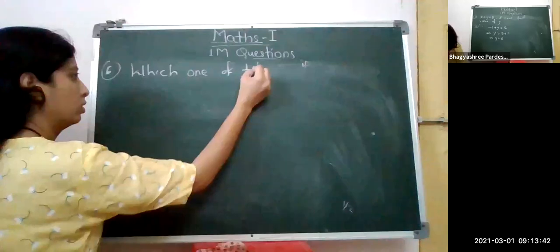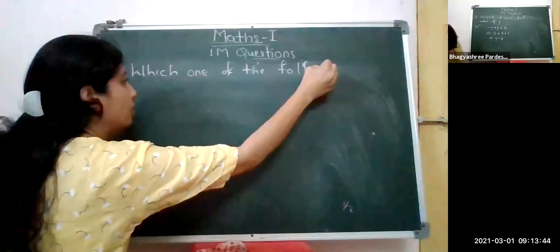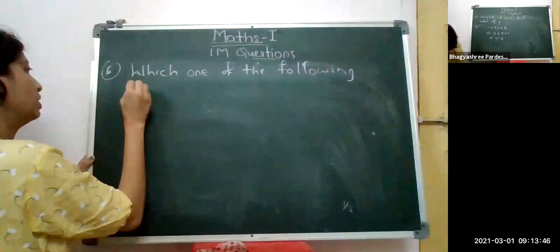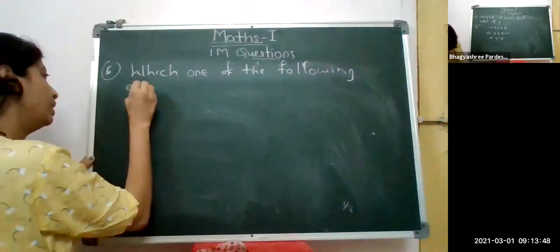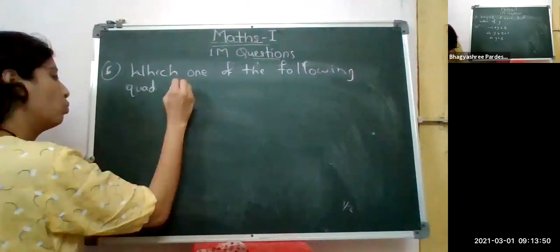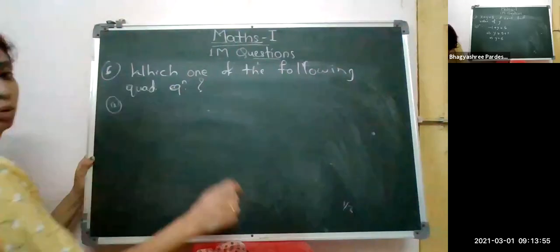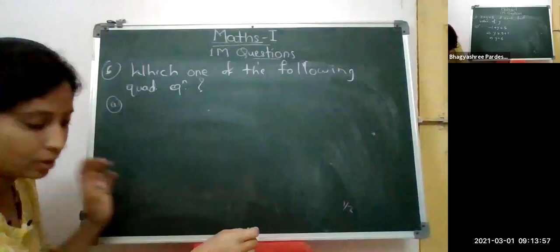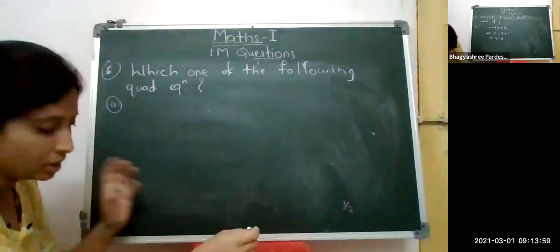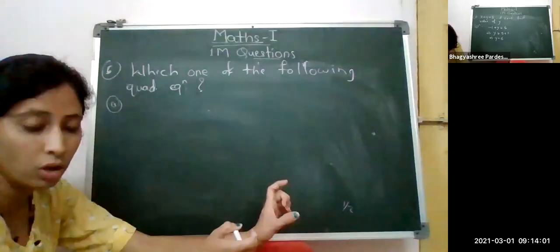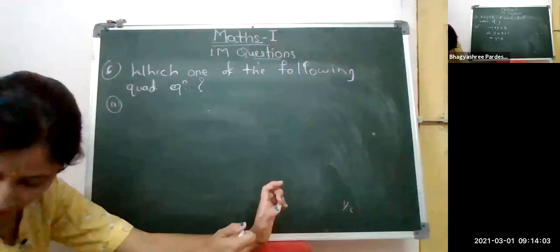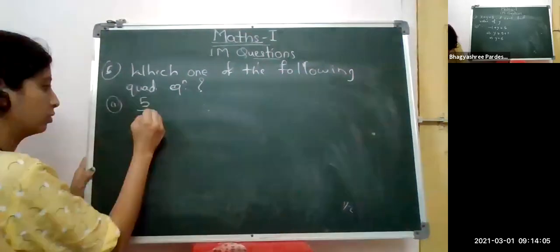A few equations will be given to you, and from that we have to identify which one is the quadratic equation. To identify this, we must know the standard form, because with the help of the standard form only we can identify which one is the quadratic equation. So I'm writing the options here.